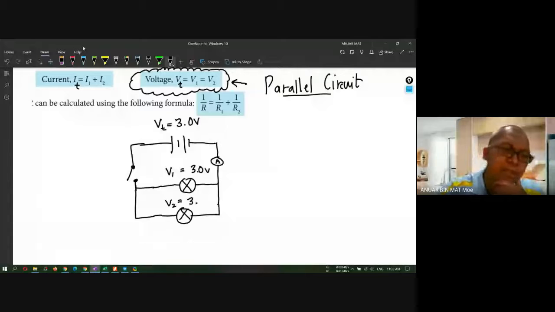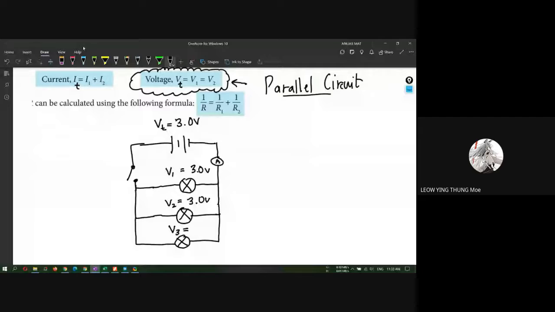Yes, very good. And if I add another component here, I add bulb number 3, and I label it as V3. So what is the voltage for V3? Also the same.